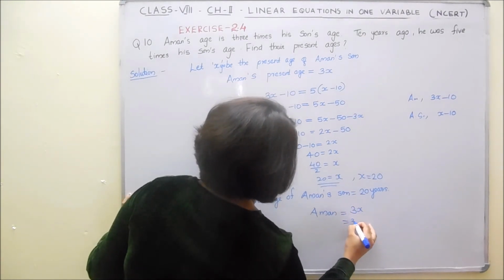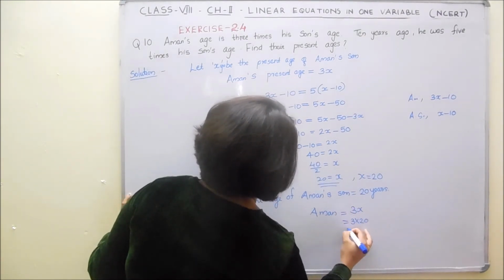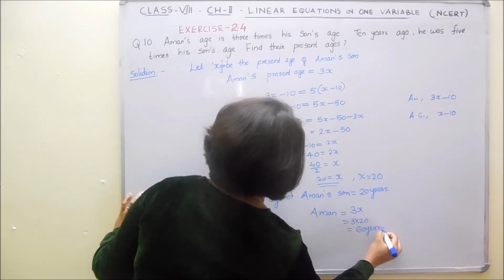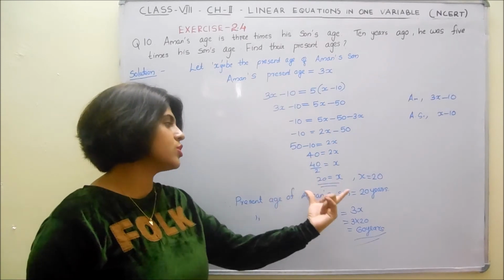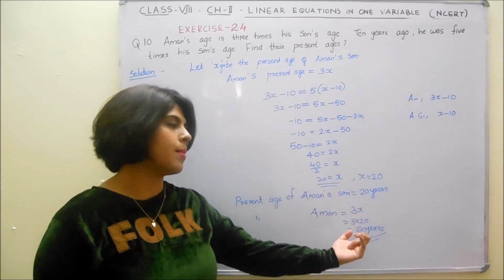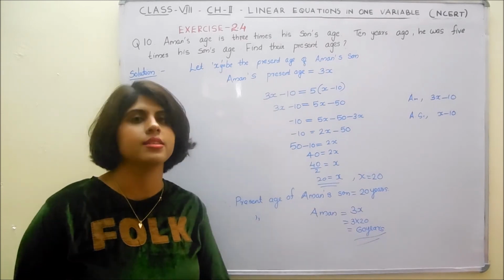That is 3 into 20. That means 60 years. So we got age of Aman's son is 20 years and age of Aman is 60 years.